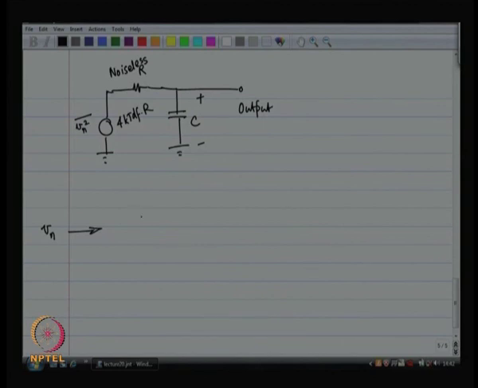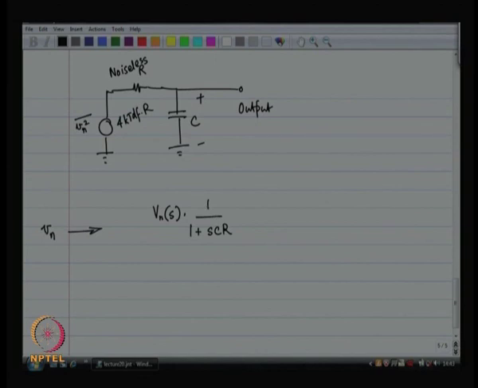I see the voltage across the capacitor has a Laplace transform that is equal to Vn of s times R by 1 plus sCR. Am I right? Nope, I am not right. It is 1 by 1 plus sCR. This is correct.